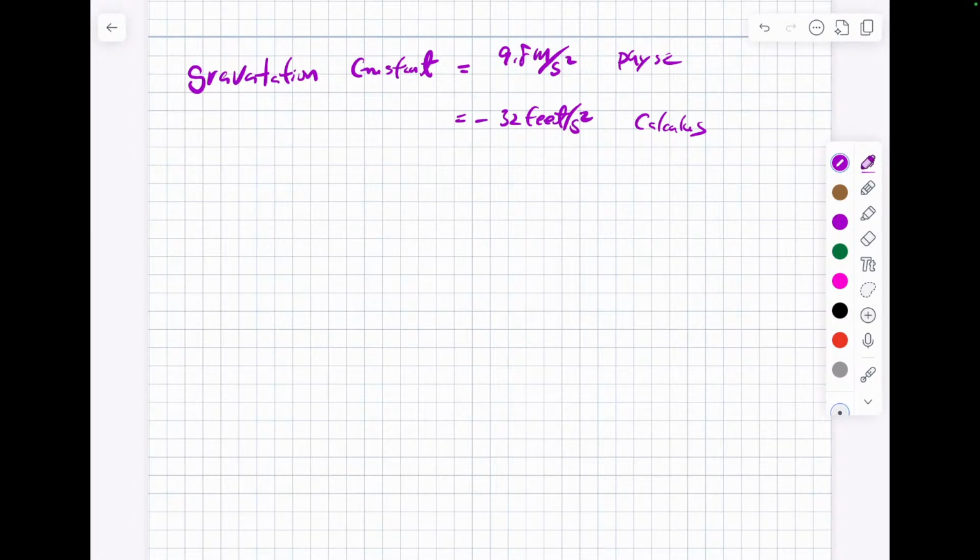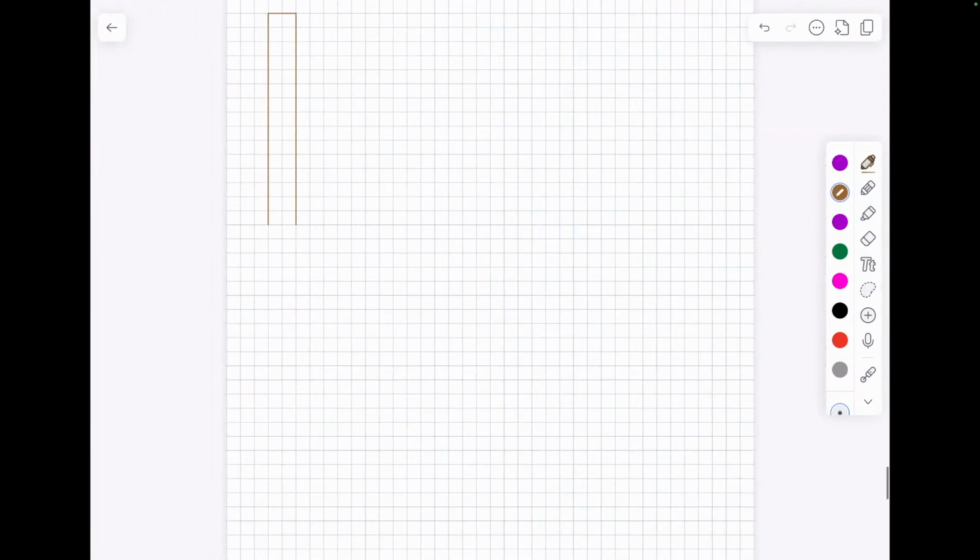So what does the gravitational constant mean? Let's just say I have some type of building height. There was a building, and we don't know how tall this building is. Actually, we're going to make it longer.